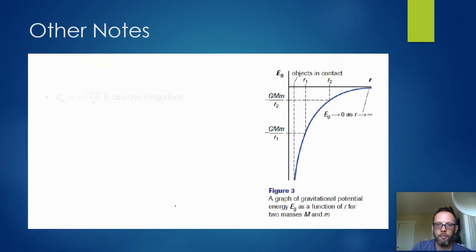Other notes. So this EG, here I've just rewritten it. Instead of M1, M2, often we'll be considering the gravitational potential energy of, say, a satellite above a planet. So we'll often have one big mass and one little mass. So this is the same thing, but instead of M1 and M2, it's big M, little m. It's always negative, and again, it's always negative because energy is lost as two objects come together from far away.